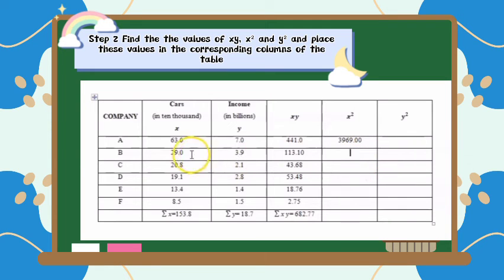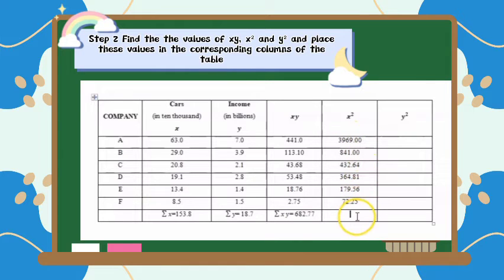You can use a calculator. 29 squared equals 841, and 20.8 squared equals 432.64. 19.1 squared is 364.81. 13.4 squared is 179.56, and 8.5 squared equals 72.25.